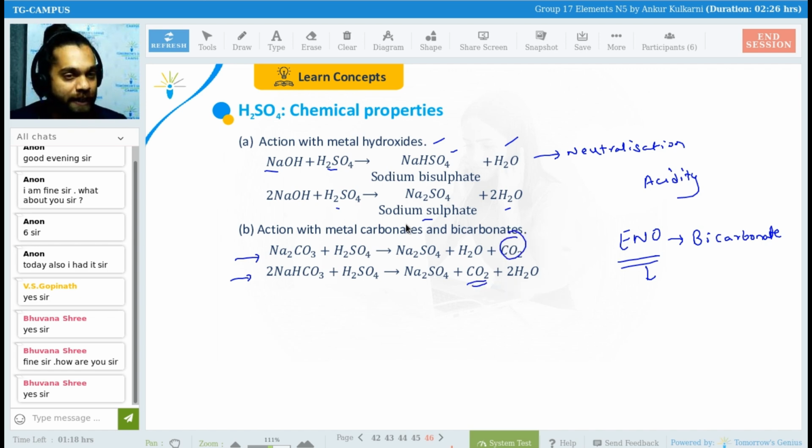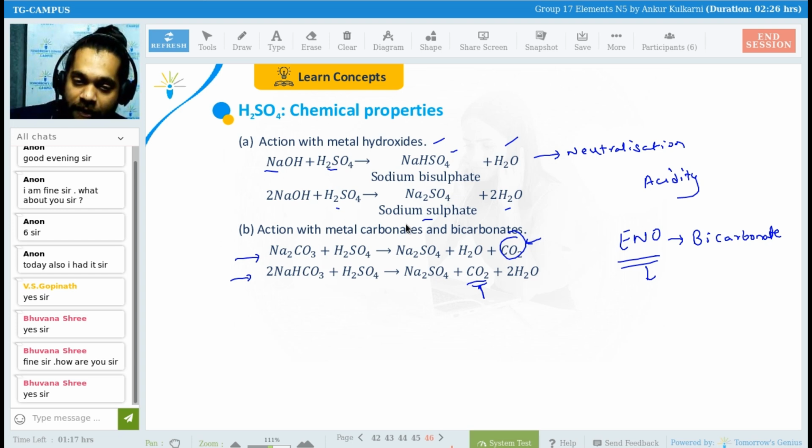Whenever ENO goes inside our stomach, it neutralizes the acid, and since it contains carbonate and bicarbonate, it releases carbon dioxide gas. Now carbon dioxide gas requires some outlet to go out. Thankfully the outlet is our mouth. So it comes out via our mouth and we burp out very loudly because of the CO2 gas.